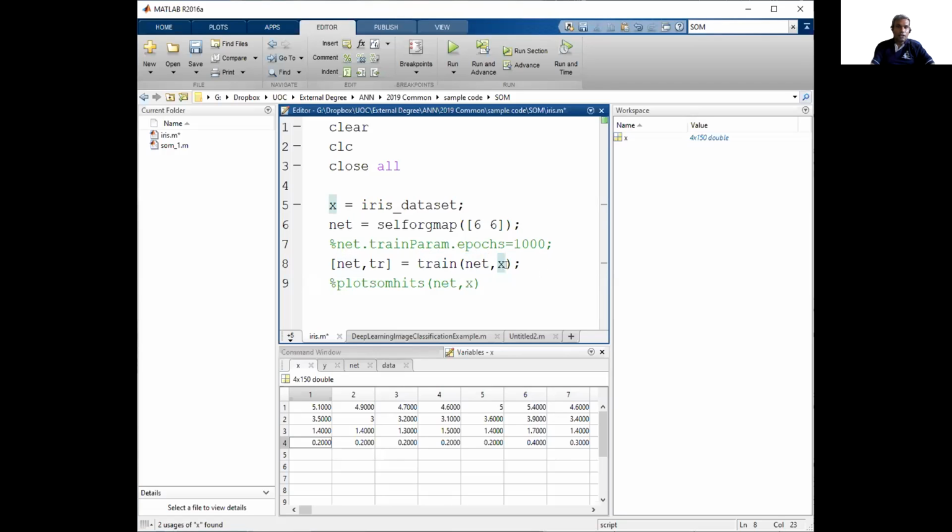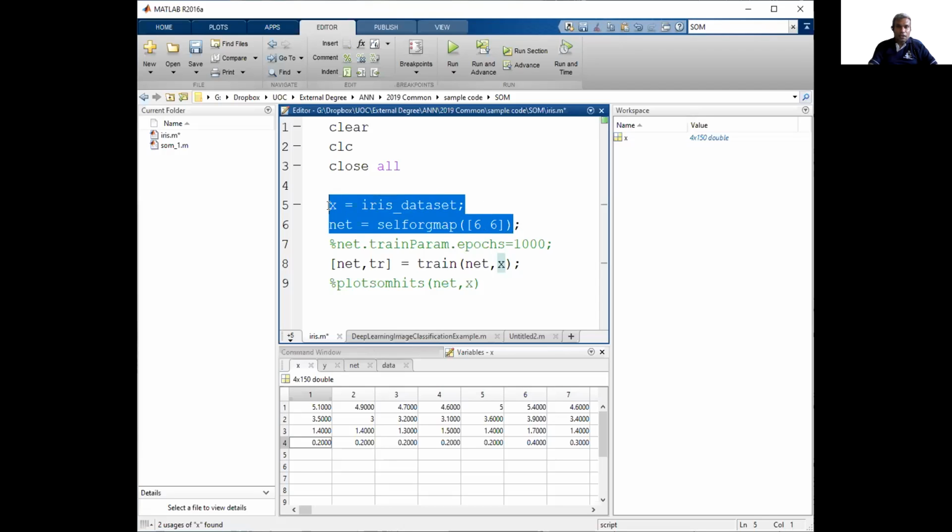But here we don't have a target. The reason is this is unsupervised learning. That means the network itself tries to learn the pattern. It basically tries to group similar things into similar groups. So you don't have a target. You are not giving it any correct answers. It just gives you the question and asks you to do a classification.